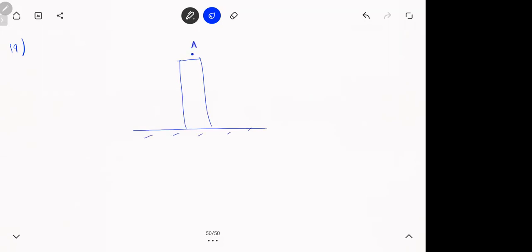You have two particles. A, you throw it this side with u. B, you throw it this side with 2u. So you throw them in opposite directions from a tall building. Assume they don't fall so fast. So A and B are thrown with u and 2u to opposite sides.